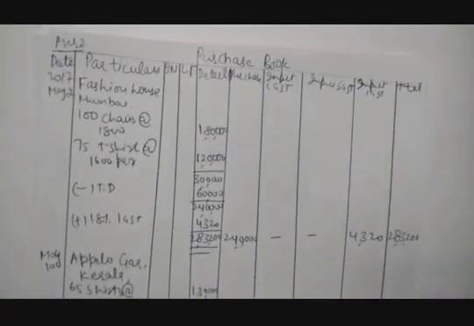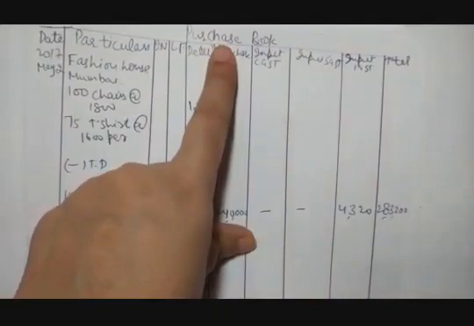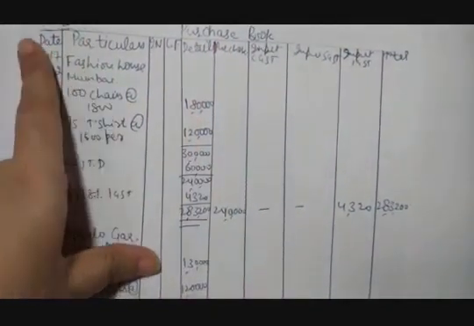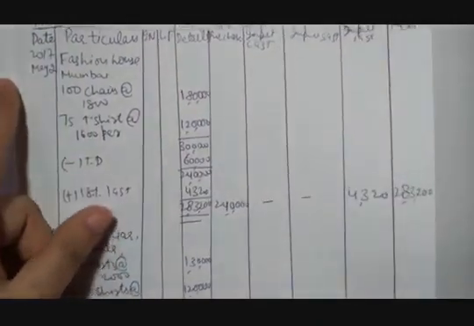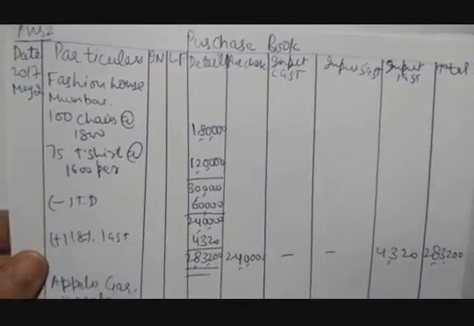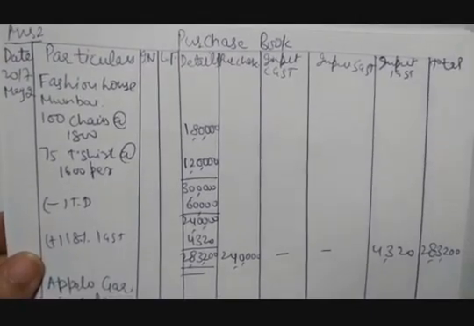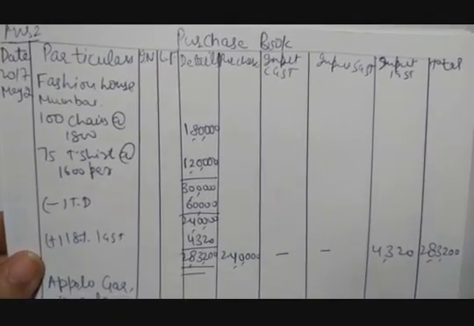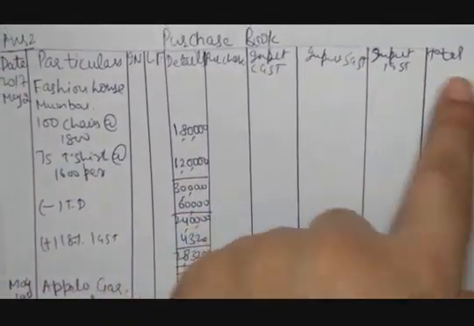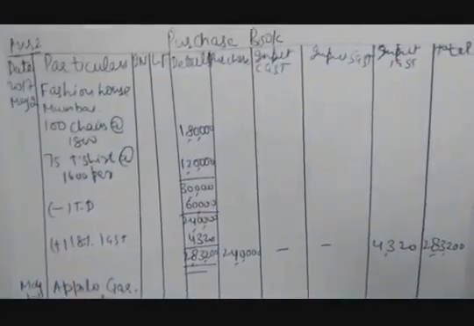So you know, whenever we are going to prepare a purchase book, we will have to see its full details. First of all, we will have to prepare its format, as we have prepared now: date, particulars, ledger folio, invoice number, detail, purchase, input CGST, SGST, IGST and total as well. Fine.